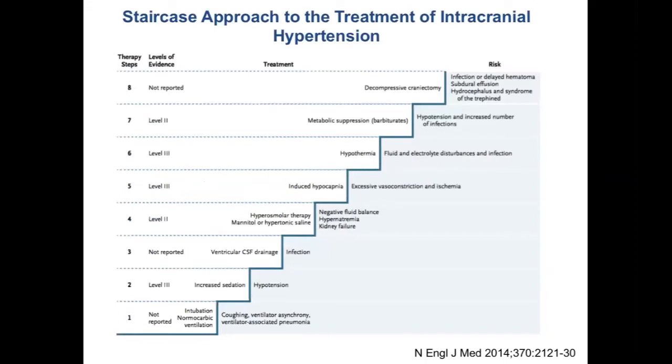I show here the classic staircase approach to ICP management. This is something that was used for years. You see here on the left of the slide that there are steps of therapy. You see the level of evidence of each therapy, and then the classic staircase approach.